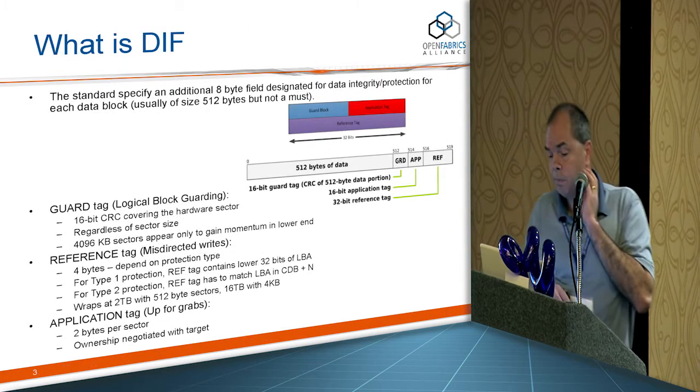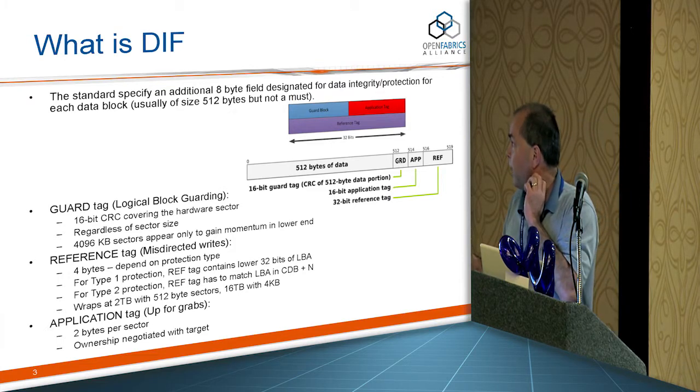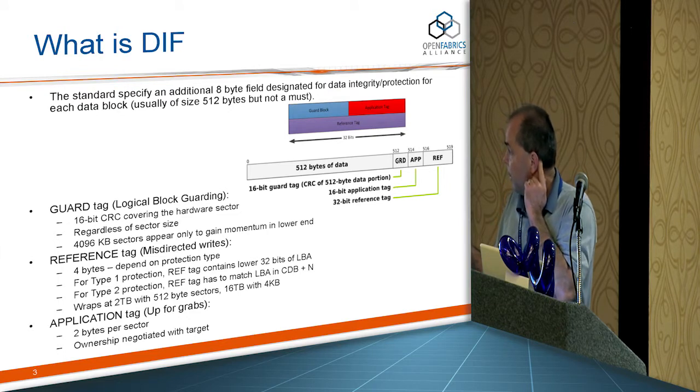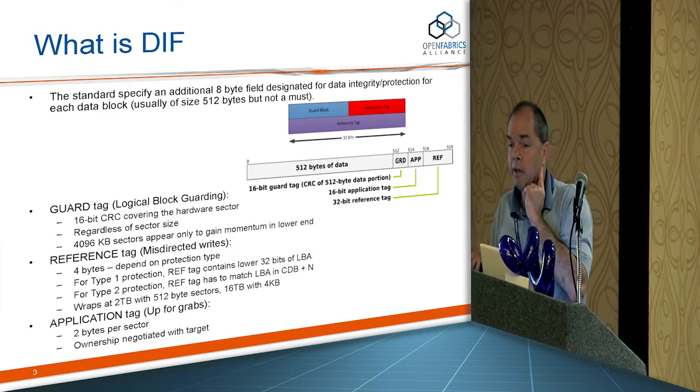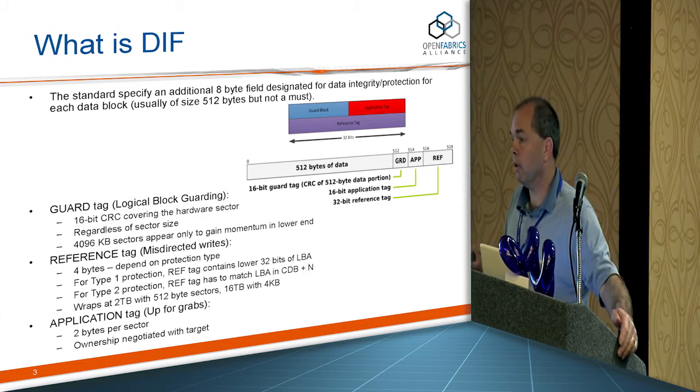So what the DIF support actually is, as I said, it adds to the data sectors an 8-byte field that's used for protection. Typically, the data sectors are 512 bytes in size, but I guess now 4,096 bytes is becoming more and more popular.